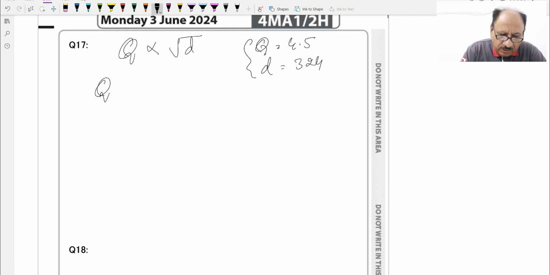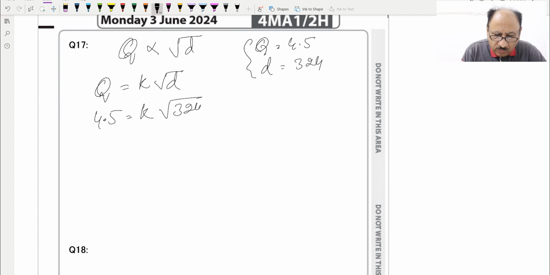So Q is directly proportional, instead of directly proportional, we can change to equality sign. So Q is equal to K square root of D, and the values now we can replace. Q is 4.5 when D is 324.